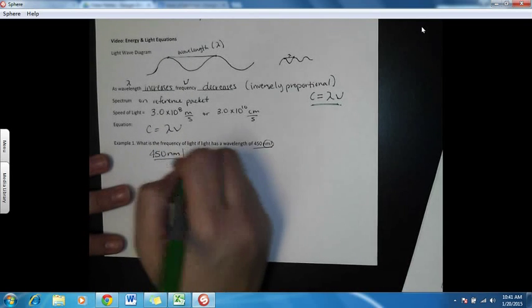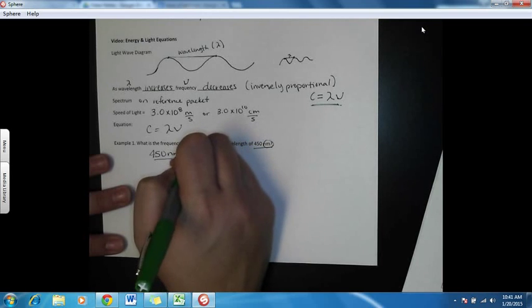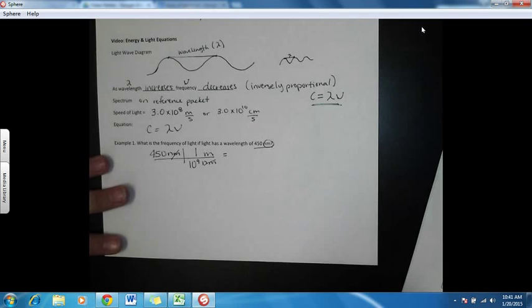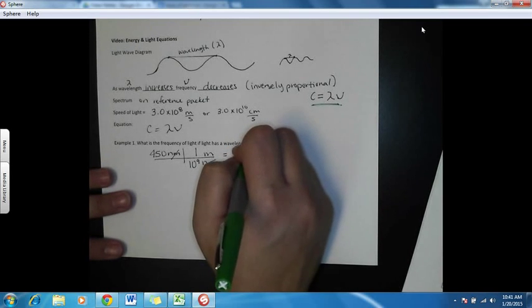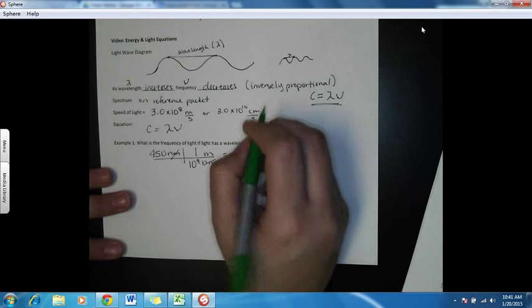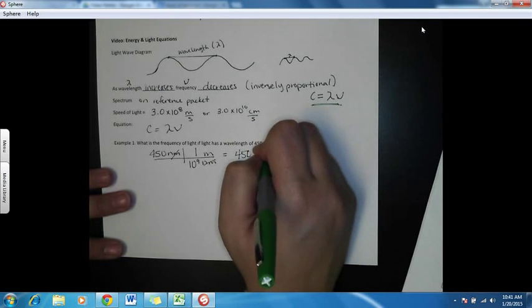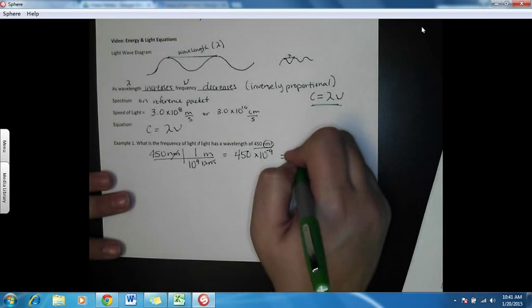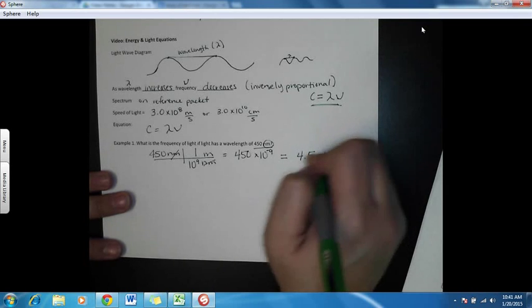Nanometers go on the bottom, meters on the top. 1 meter has 10 to the 9th nanometers. And so we'll end up with 450 times 10 to the negative 9th, which in correct scientific notation is 4.5 times 10 to the minus 7.